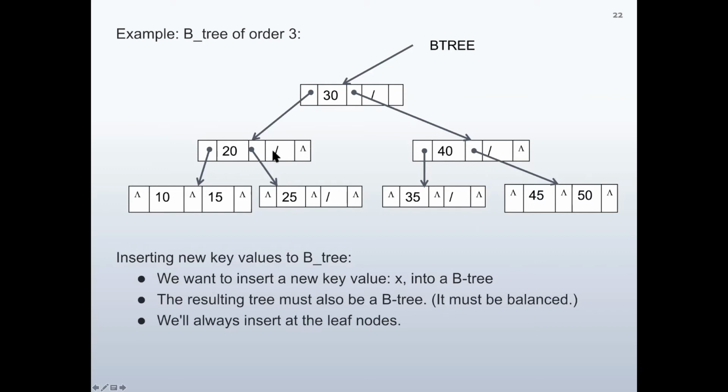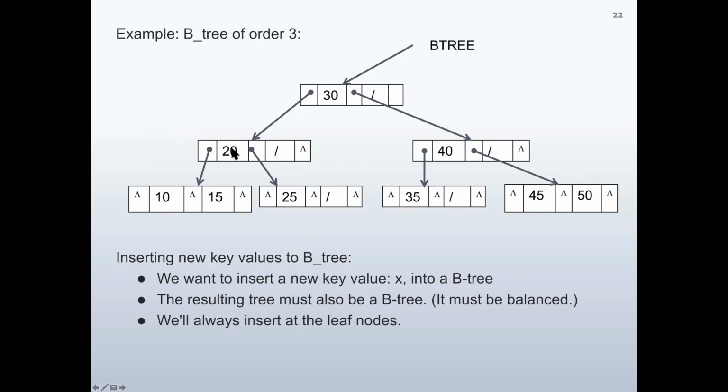If no key value is stored, it is shown here by a slash. If the link is nil, it is shown by this sign. You notice that the valid key values are always stored in the leftmost positions.